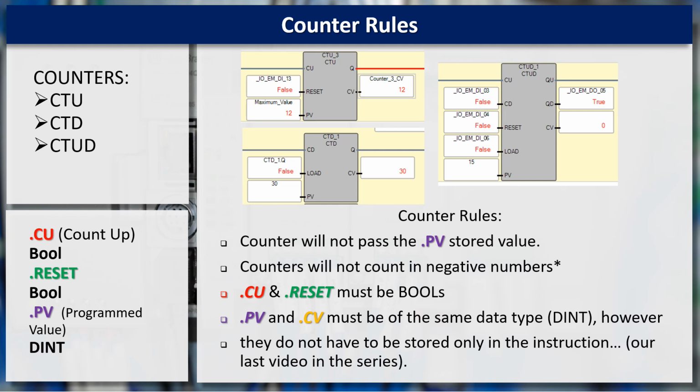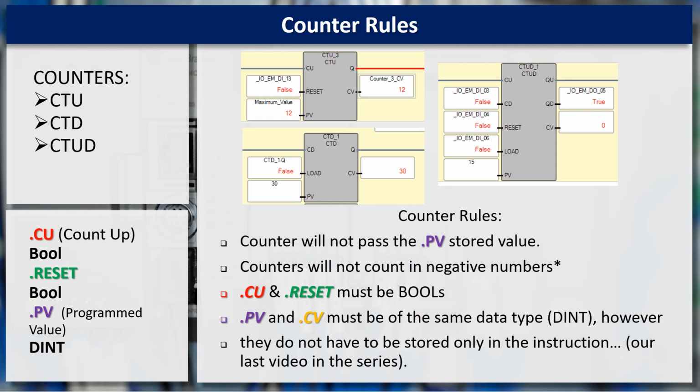Now that we've seen how a count up counter works in the basics, there are a few rules that we should be aware of when dealing with any counter. First of all, counters will not pass the program value stored. If you want it to count to 100, you can keep hitting the input, but the current value will not go past 100.